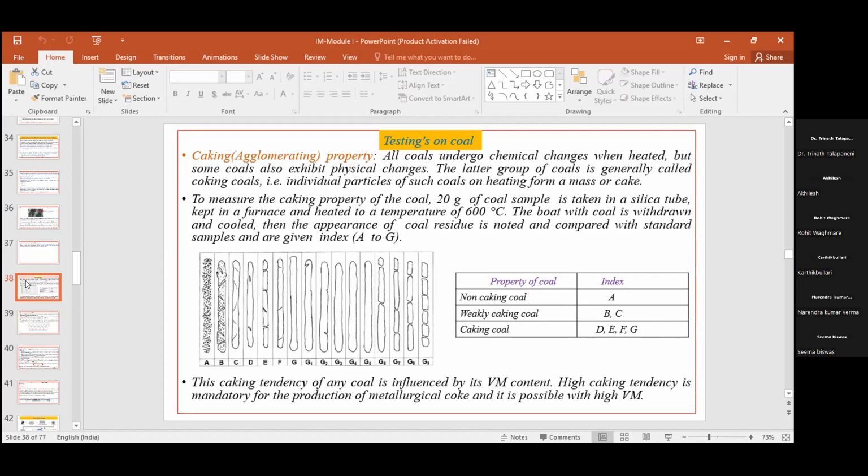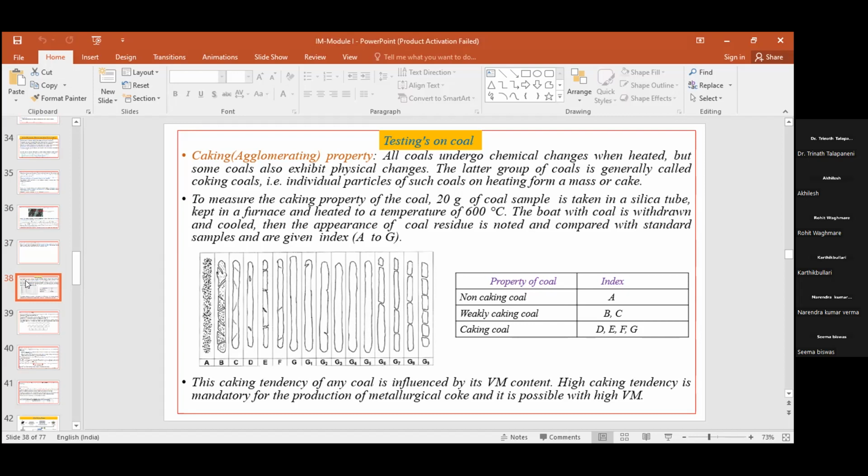The compacted coal, whatever we are subjecting to the coke ovens, especially in non-recovery coke ovens, has to get agglomerated during the coking process and form a solid porous mass.